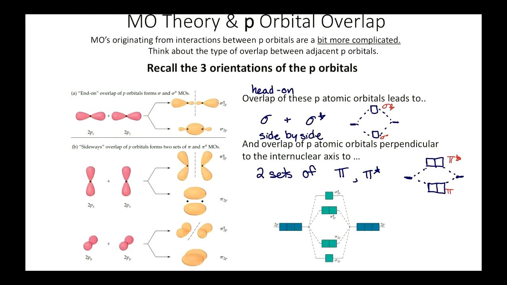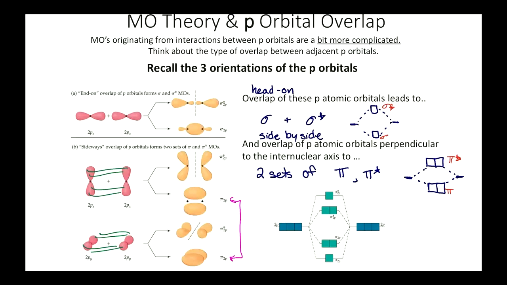So here is one pi interaction along the x-axis, and then we have another pi interaction between 2 adjacent p orbitals along the y-axis. These 2 bonding interactions, the bonding pi interactions, are the same energy.